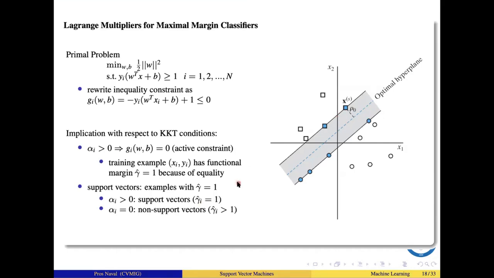And when alpha is 0, the margin is greater than 1. If you think about it, this is the meaning of that.